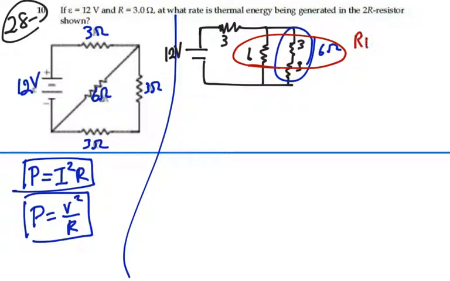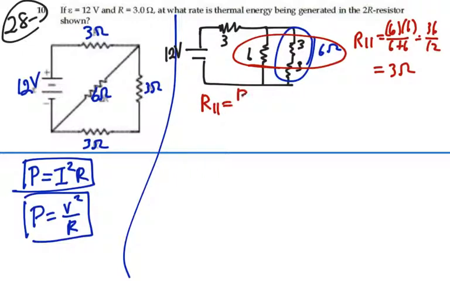So our R parallel will be product over the sum, 6 times 6 over 6 plus 6, which is 36 over 12, or 3 ohms. Or I could have gotten that from the fact that R parallel equals R divided by N, which is 6 divided by 2, or 3 ohms. Either way, 3 ohms.